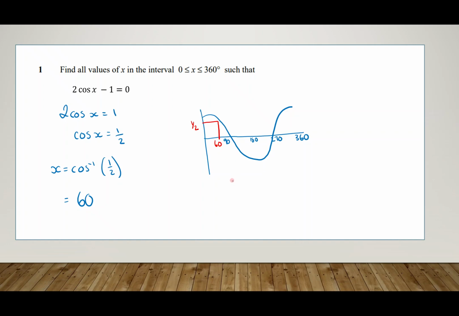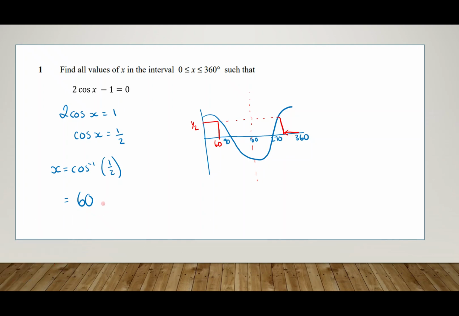Now we used symmetry with the sine curve, and we can actually do the same thing with the cosine graph. It is symmetrical between 0 and 360, right down the middle. So that means that my second solution is going to be symmetrical, but on the other side. Similar to what we did with the sine graph, we are going to subtract 60 from 360.